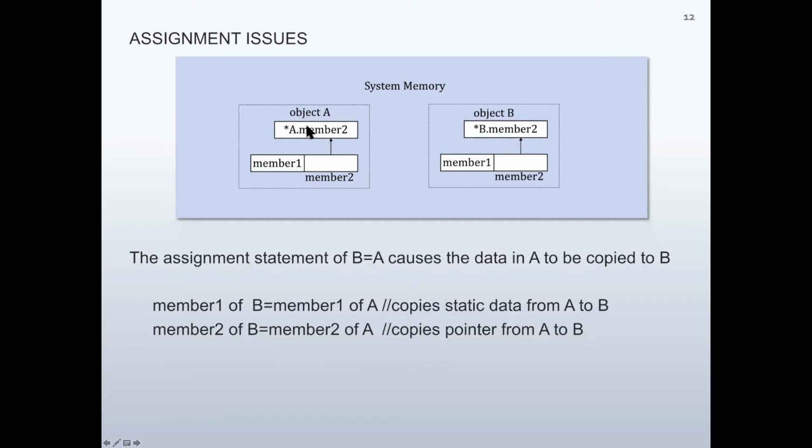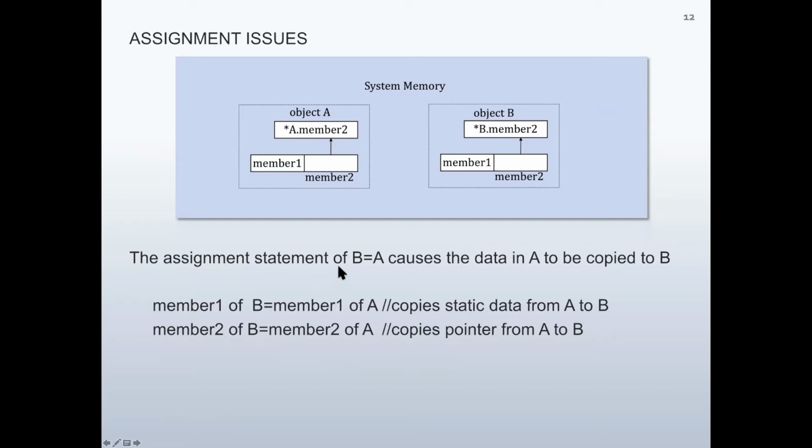It's a pointer, so by this star, we are considering the item pointed to by this pointer. We have another object, object B, and this is member 1 of object B, and member 2 points to an item. Here it is created dynamically, and this is the item pointed to by member 2 of object B.